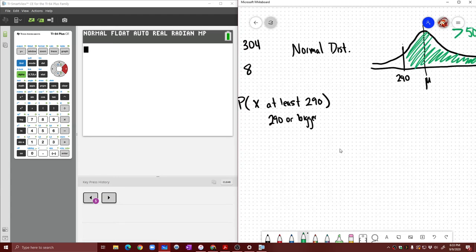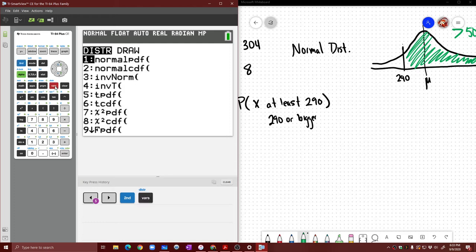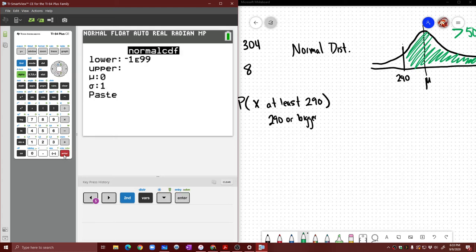So remember, to calculate the area under the graph, I'm going to go second and push the vars button. So I'm going into my distribution menu, and I want to select option 2, normalcdf. Okay, so I can see where I'm going to start and where I'm going to end.